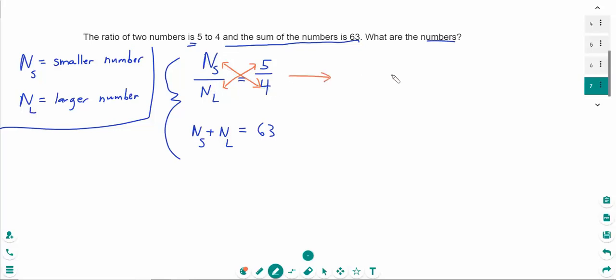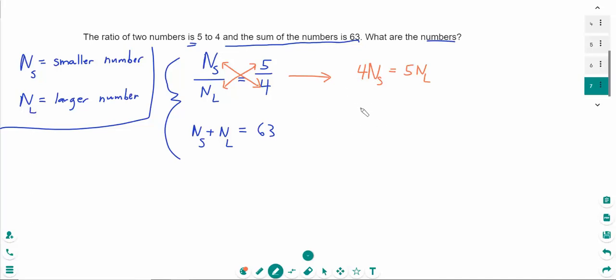That is going to give us 4n sub s. Okay? And then we have our equal sign. And then we take this 5 and we multiply it by the n sub l, and we get 5n sub l. Okay? And once we have it at that stage, it should look a little bit more doable for us.